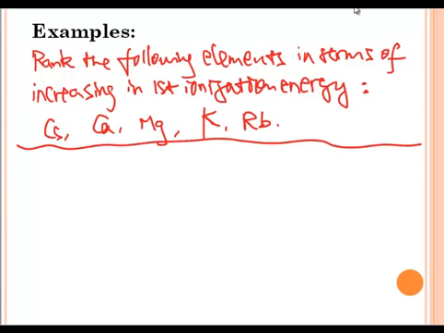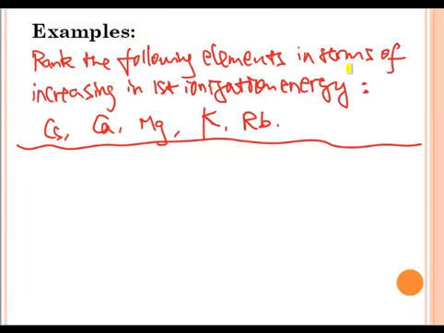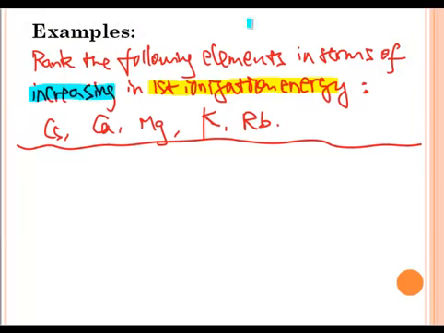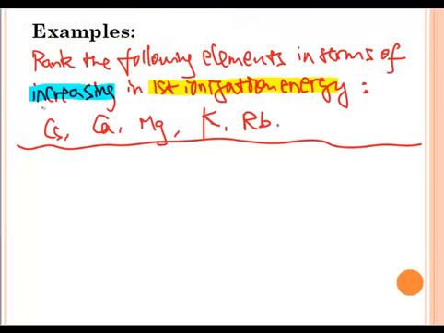Remember, the first step in solving any problem is analyzing the problem. What we're asking is the first ionization energy, and we also want increasing. What does increasing mean? Increasing means you're going from the lowest to the highest.